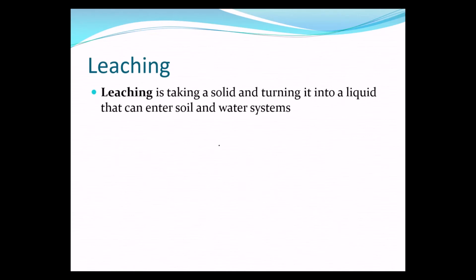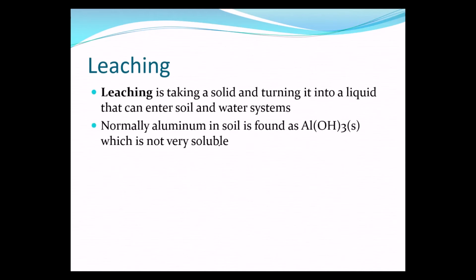Another problem with acid rain is leaching. Leaching is when you take a solid and turn it into a liquid, and it can enter the soil and water systems. Normally aluminum is found like this in soil, and as long as it's a solid, it's not that bad. It's not very soluble, so if you put a lot of water on it, that aluminum won't go into the soil.